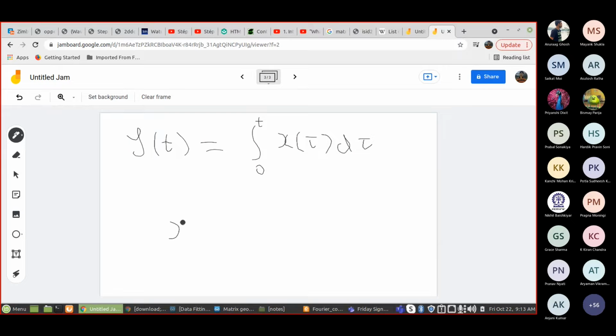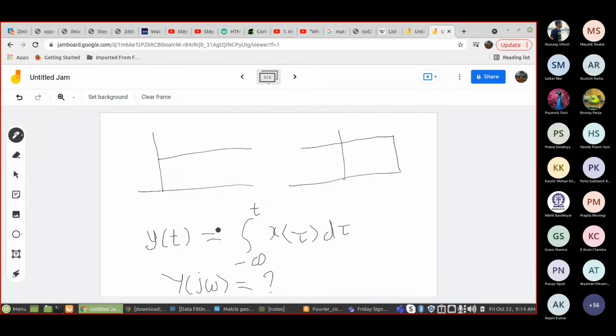If your x(tau) is causal, that is, it is 0 for t strictly less than 0, then these two integrals will be the same, whether you integrate from minus infinity to t or from 0 to t. It does not matter because this is 0. But if this is not 0 for t strictly less than 0, then these two quantities are not the same, so you cannot use them. Is that clear?